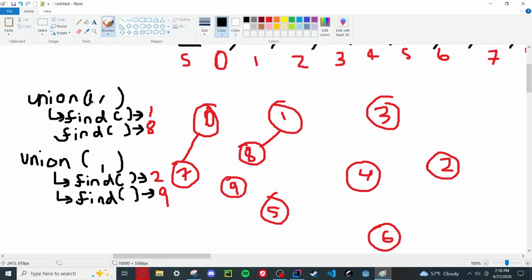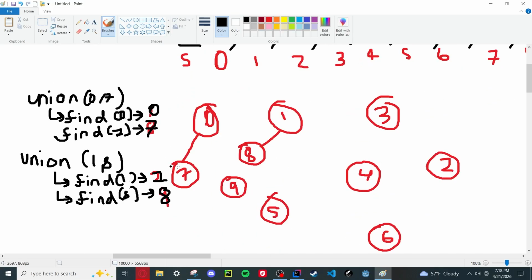This would be 0, 7, 1 to 8. I'll make this 0, I'll make this 7, I'll make this a 1, I'll make this an 8.